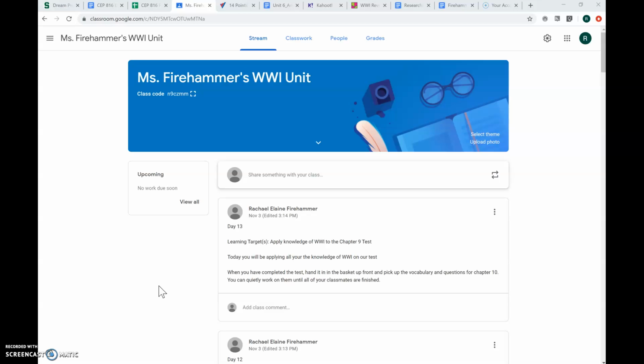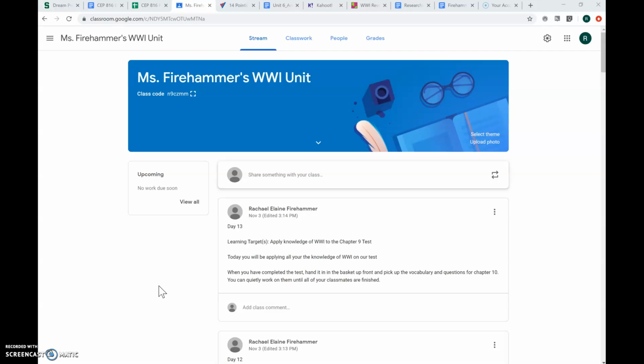I've also wanted to use more aspects of Google Classroom within my class anyway: learning targets, warm-ups, bell ringers, discussion questions. So it gives me a great chance to play around with a couple more aspects of Google Classroom before I start incorporating them more into my classroom.